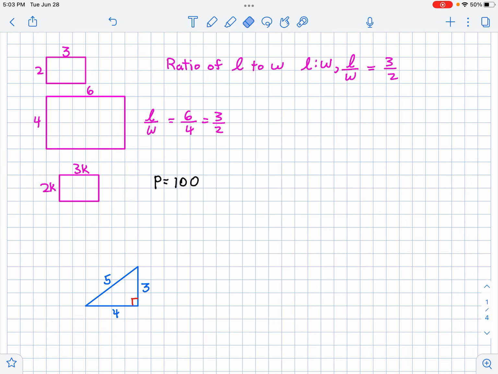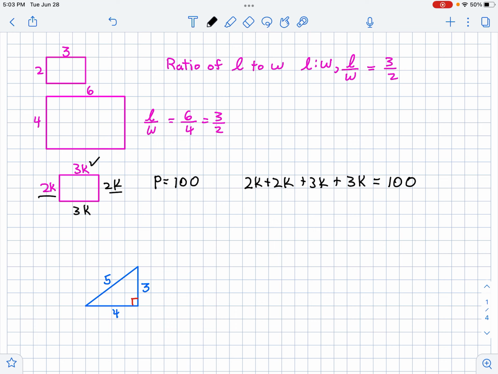So here's what I can do. I've got 2K plus 2K, in other words, I add this side and this side, plus 3K plus 3K, this side plus this side. And I know that has to equal 100.